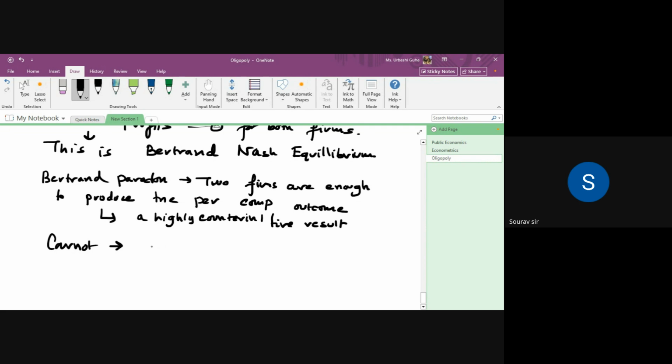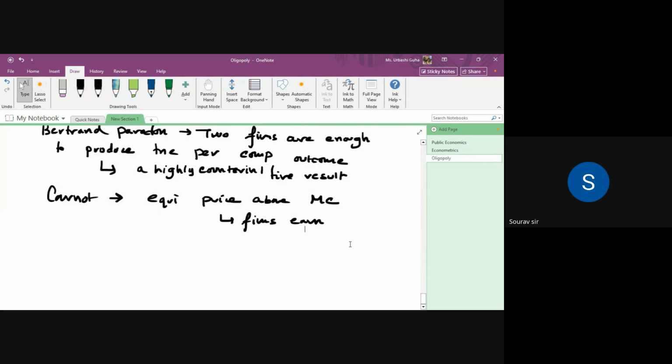Correct? So equilibrium price was above marginal cost. And firms were earning profit. Were they earning? Yes, they were earning. So it was a positive profit.